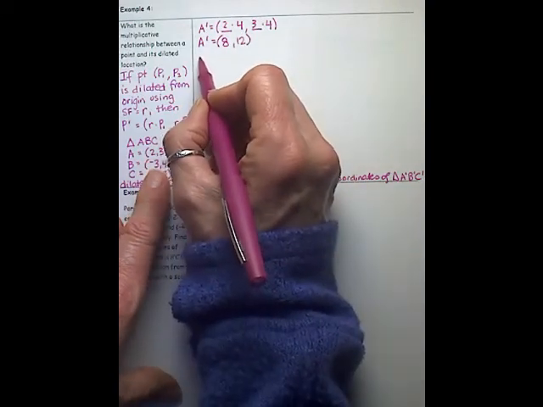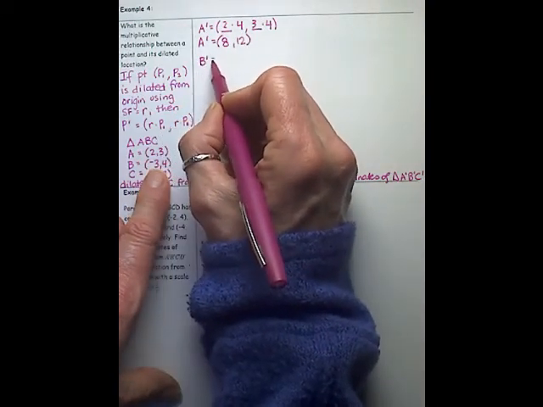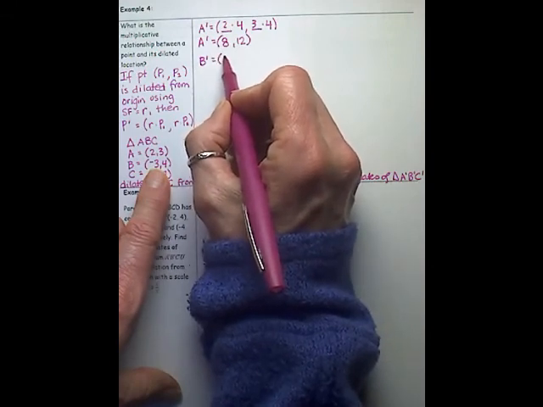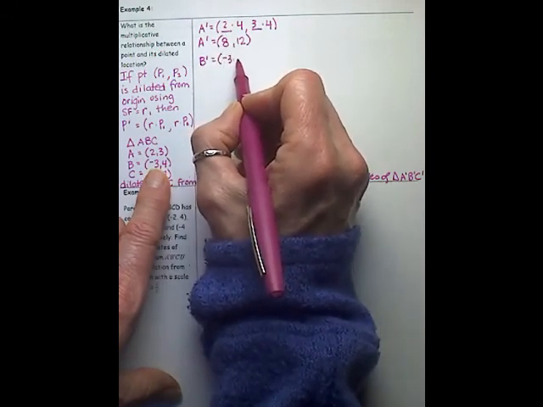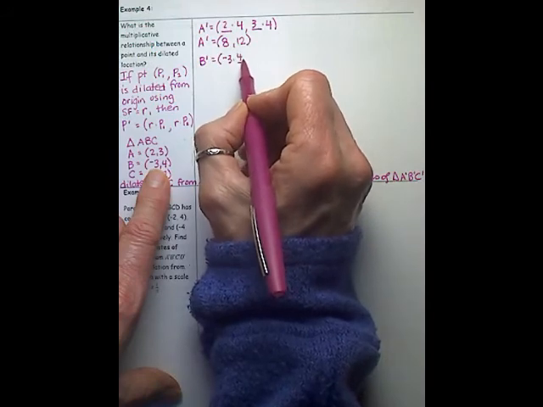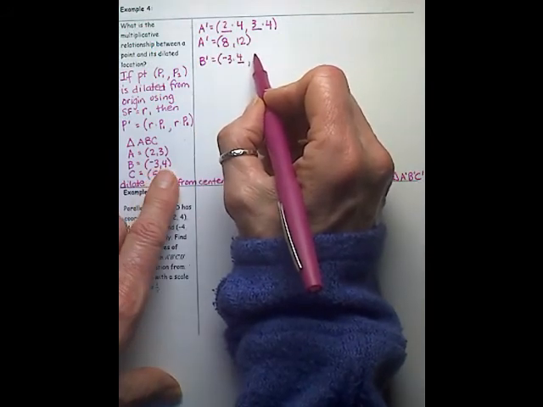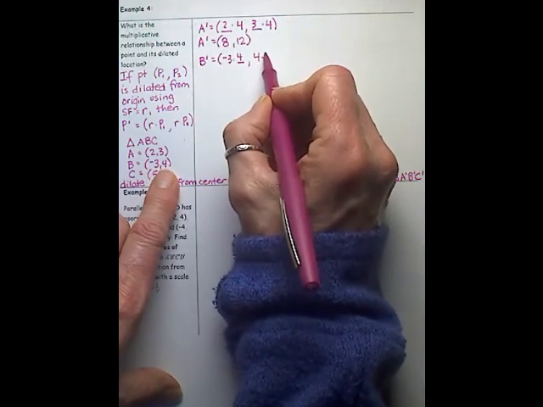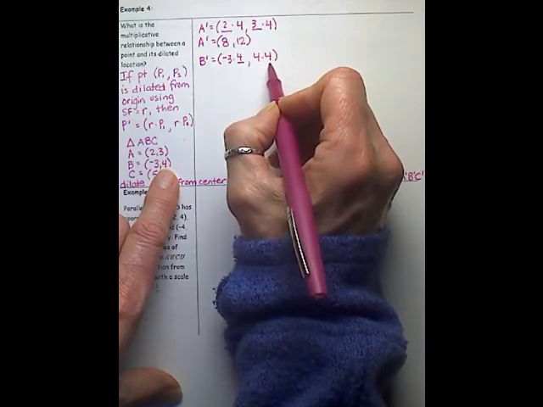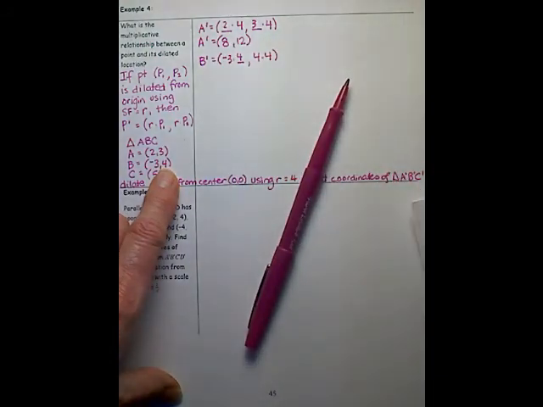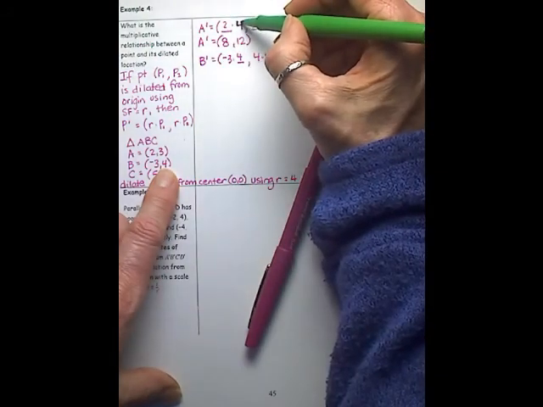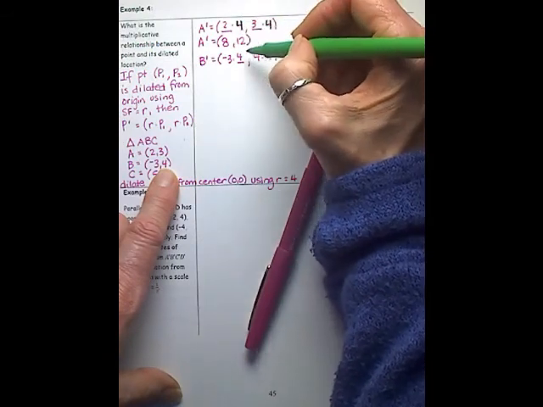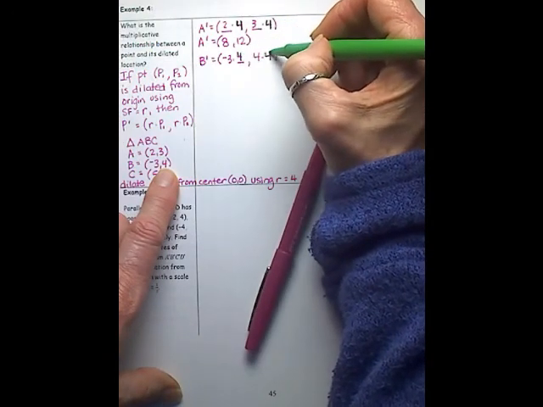For point B, B prime will equal the original coordinate times the scale factor, 4, and the original coordinate 4 times the scale factor of 4. So again, what I want you to notice is that you're taking the original points and you're multiplying by the scale factor.